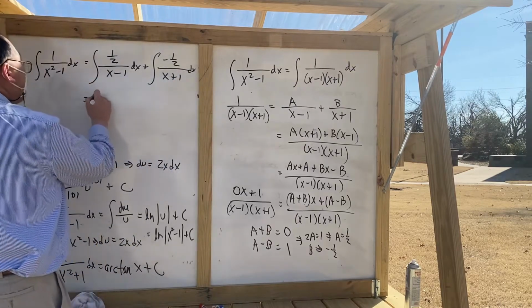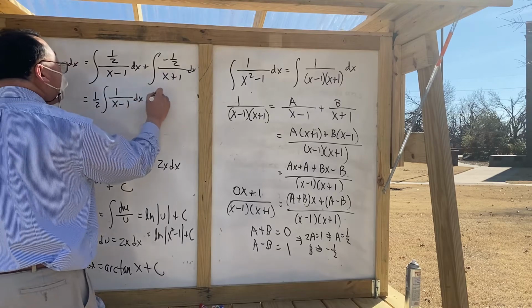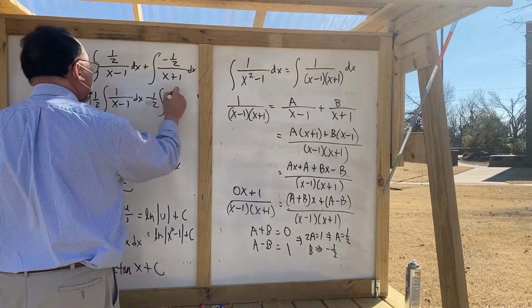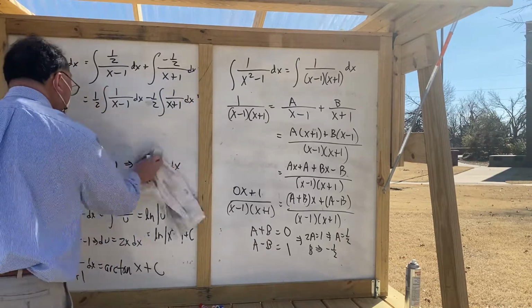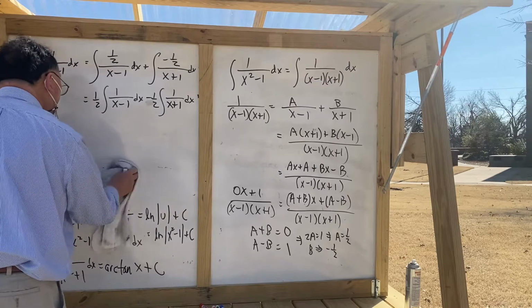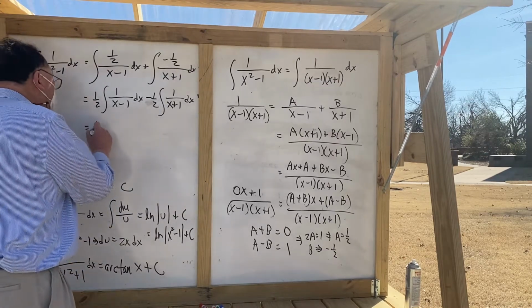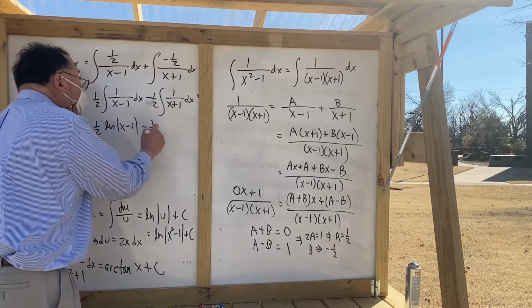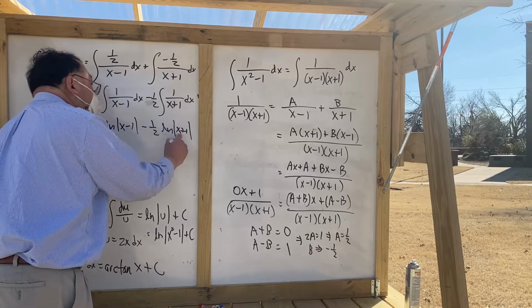So that's equal to 1/2 integral of 1 over x minus 1 dx minus 1/2 integral of 1 over x plus 1 dx. And so this is equal to 1/2 natural log of the absolute value of x minus 1 minus 1/2 natural log of x plus 1 plus c.